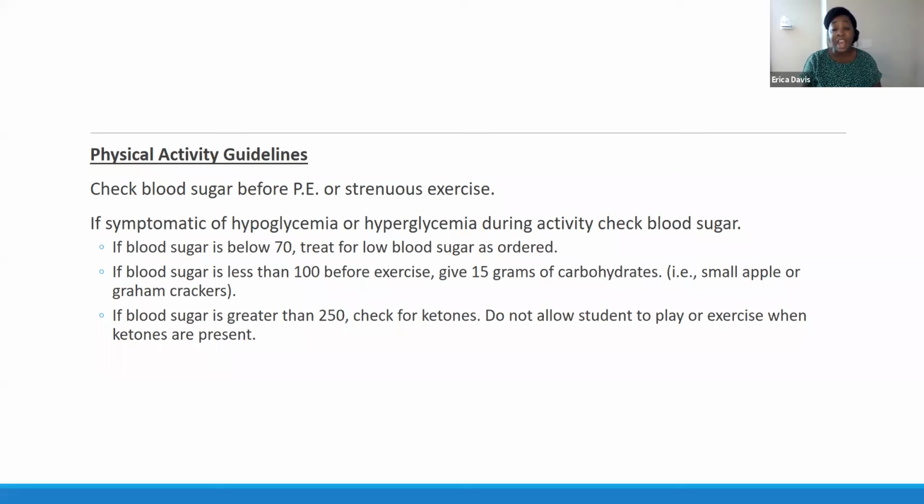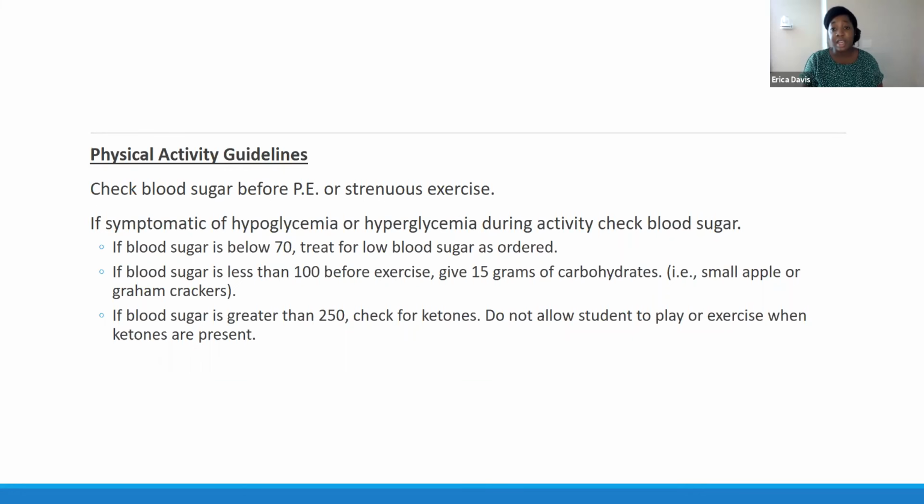Sometimes families may have slightly different preferences from what's indicated here in this list. That's totally fine as long as we are still adhering at least to these recommendations. We certainly don't want to take a recommendation and make it less strict.